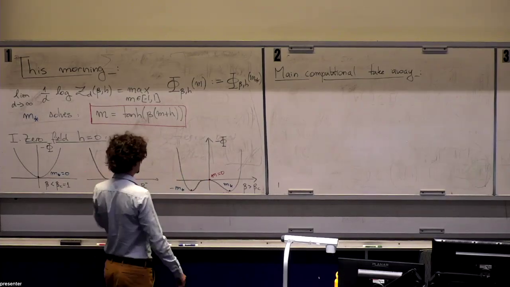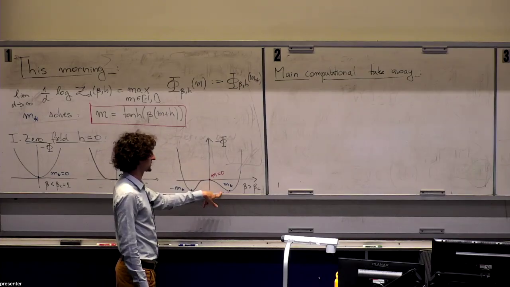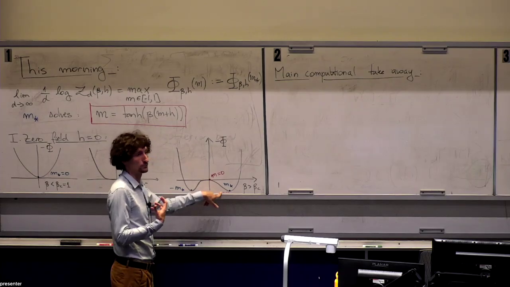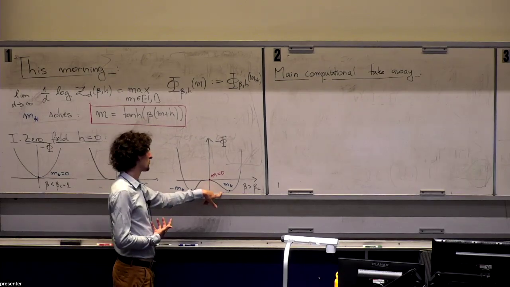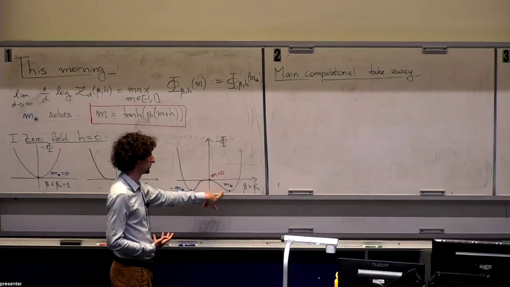So this transition was continuous. In this phase, below this temperature, if you sample from the Boltzmann-Gibbs distribution, with high probability you are essentially in a mixed state between these two minima.